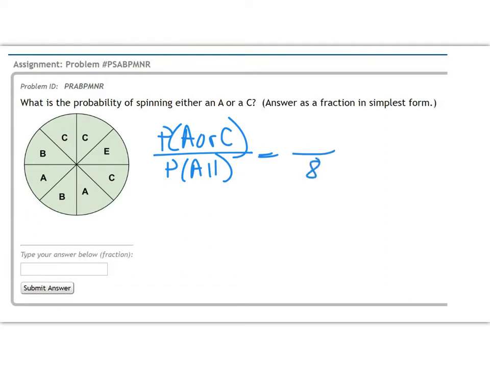Out of those 8 outcomes, I have 1, 2, 3, 4, 5 outcomes which are A or C. Now, I can't simplify this probability, so the probability of getting an A or a C when we spin the spinner is 5/8.